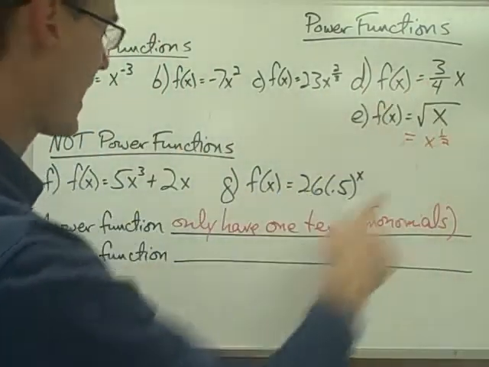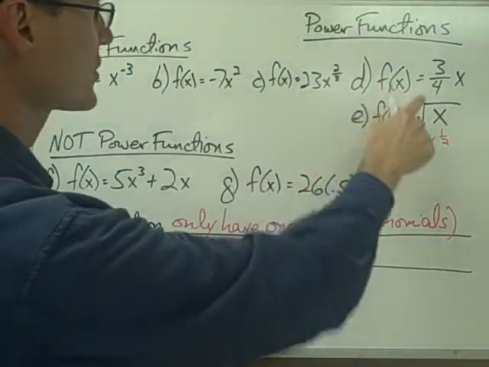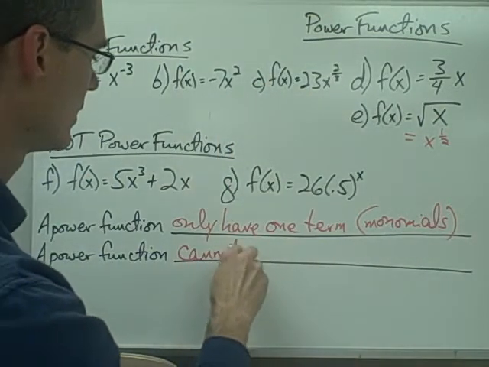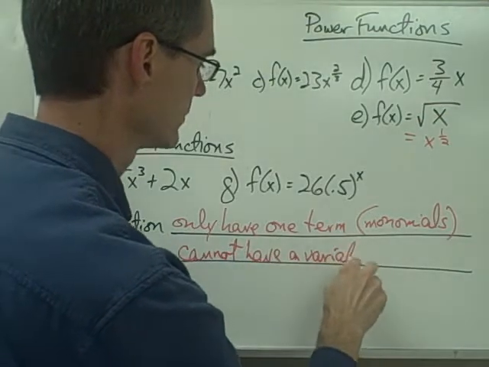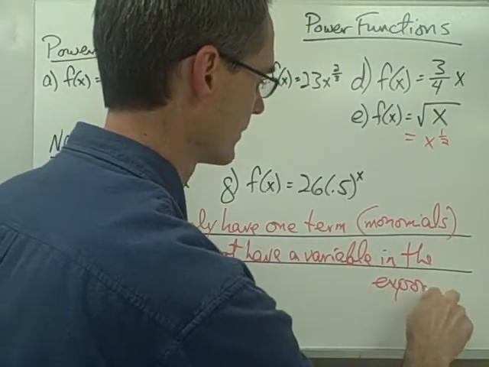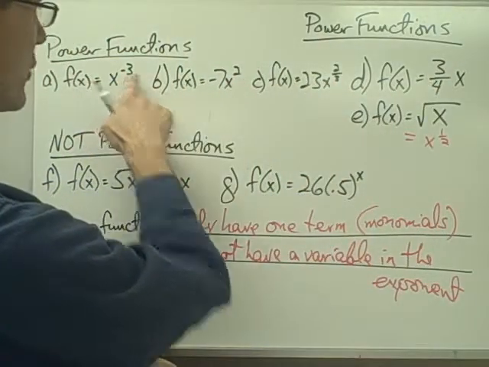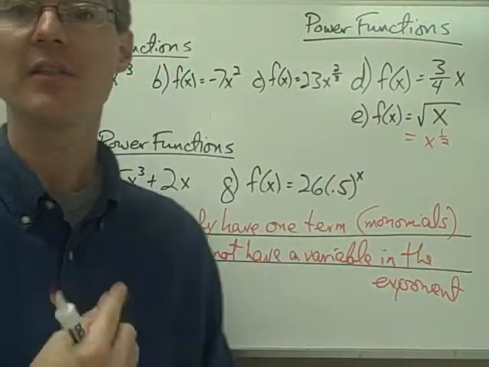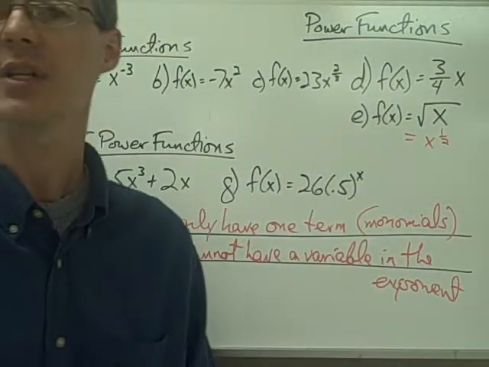So we have variables that have an exponent, but a power function cannot have a variable in the exponent. In other words, for all of these exponents that you see, you've got x to a power, x to a power, x to a power, x to a power. In none of the power functions is the variable x in the exponent. And that's a particular characteristic of power functions.